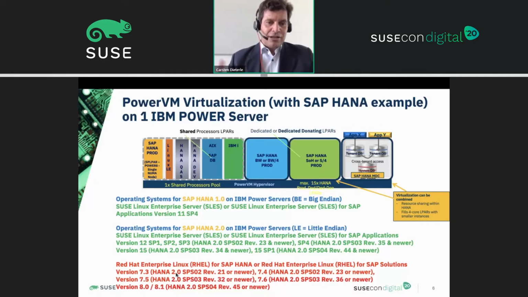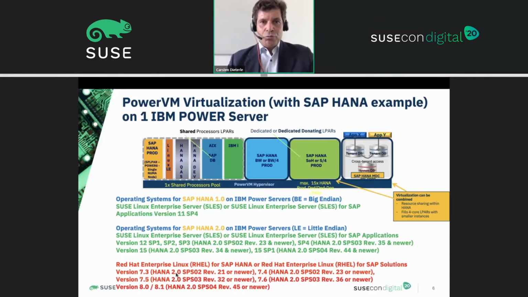I just want to mention as well that Red Hat is a possibility to install on Power. We have the same functionality for all different Linux derivatives, but we have many more installations on SUSE than on Red Hat. We started with SUSE, and all the virtualization work was really developed with SUSE.